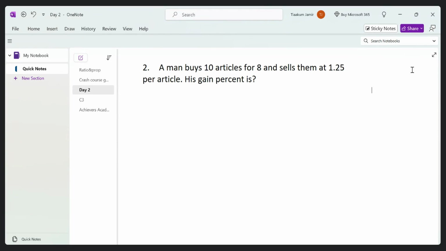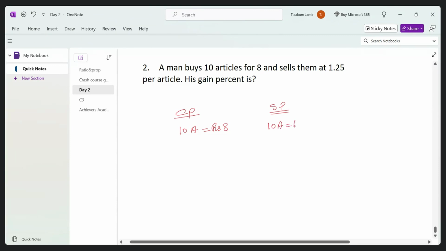Okay, we'll do this way. Price means cost price. 10 articles cost 8 rupees. Selling at 1.25 rupees per article, 10 articles give 12.5 rupees.